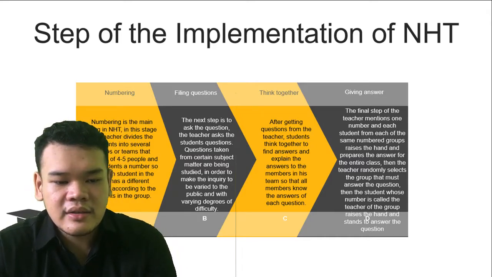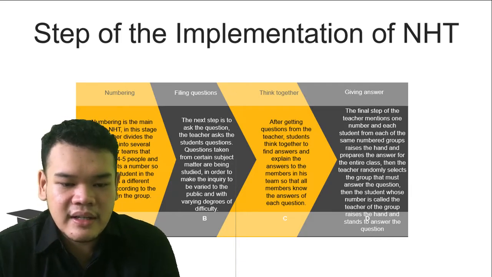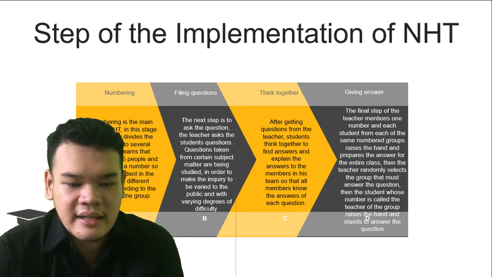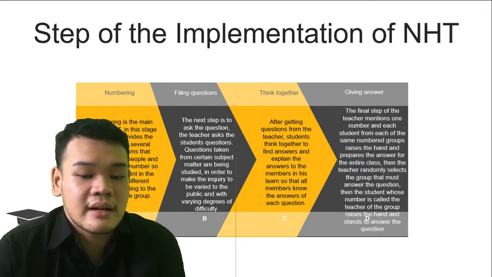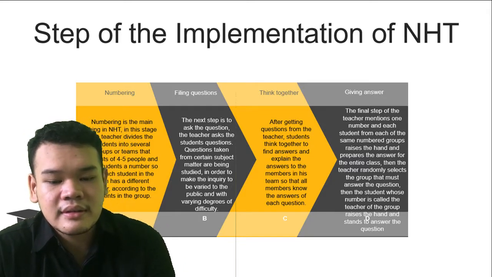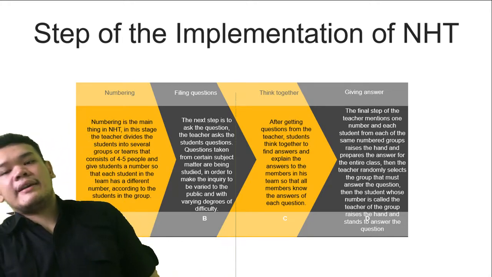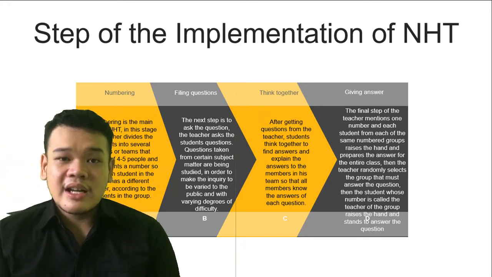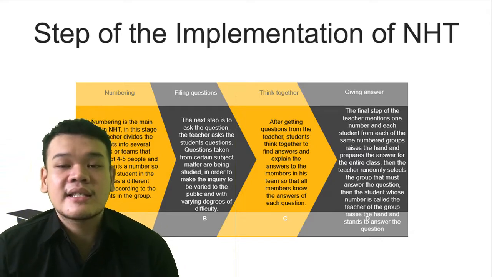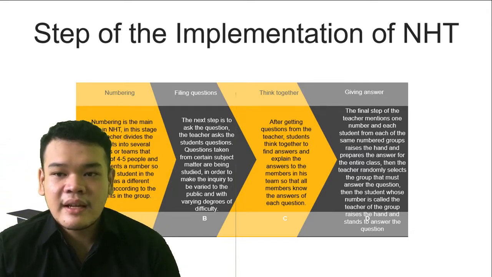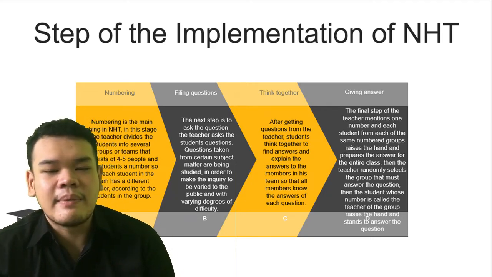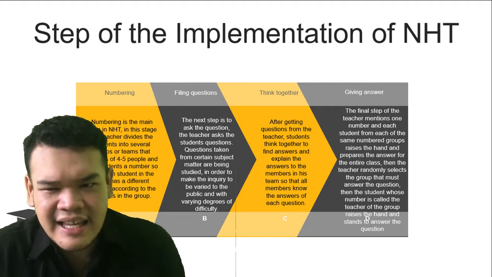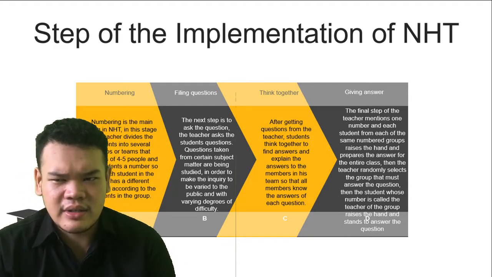The student whose number is called raises the hand and stands to answer the question. Another group or similar number group responds to the answer. To produce a good number head together model, the teacher must follow the steps listed above for the model to feel easy to understand and follow by the students.